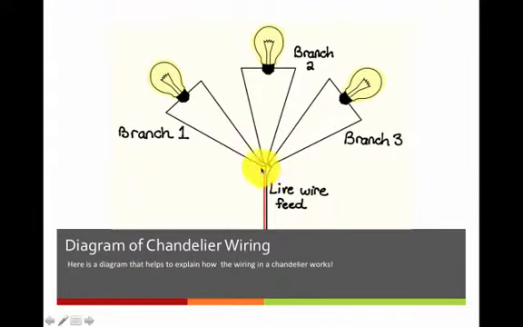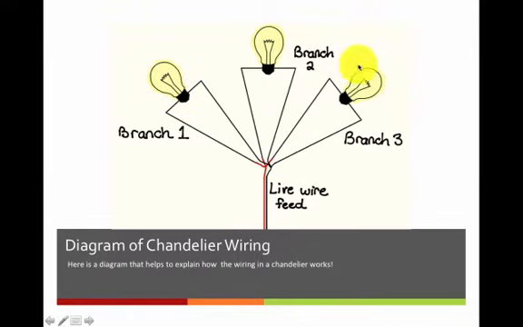So we see here that each branch is completing its own individual circuit. However, all 3 branches are being fed by the same line. So typically speaking, each branch is fed with an equal amount of current, which is why all the lights, when they are turned on in a chandelier, shine with the same intensity. However, this also means that you have a lot of resistors.